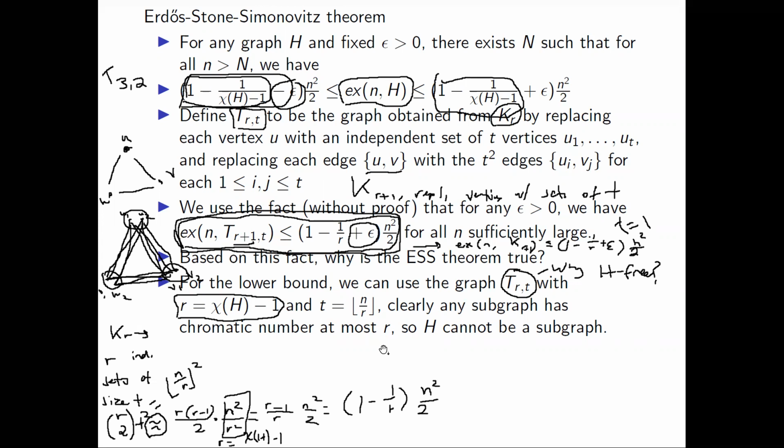We can color each of the independent sets a different color, and that gives us a valid r-coloring of T_r(n). So the chromatic number of T_r(n) is at most r. That means any subgraph has chromatic number at most r, and that means that H cannot be a subgraph because H has chromatic number of r plus 1. So since H is not a subgraph, that means that T_r(n) avoids H. I'll just note that right here: T_r(n) avoids H since H is not a subgraph.